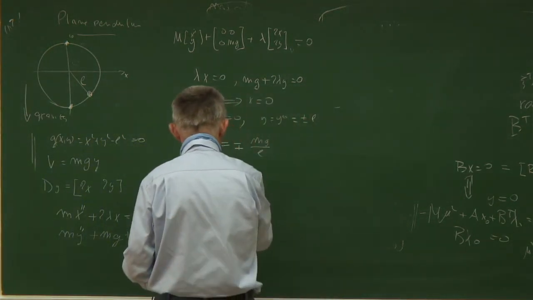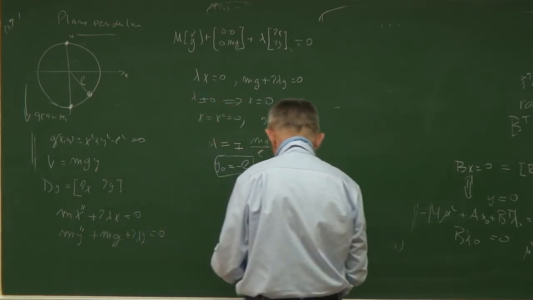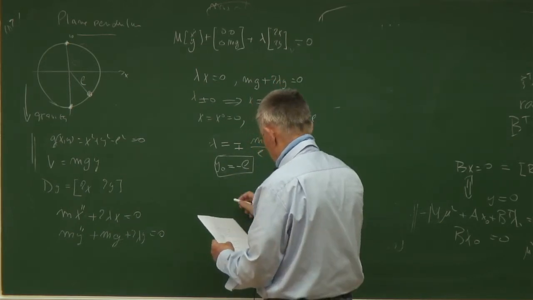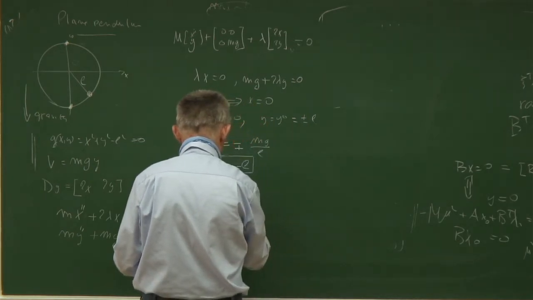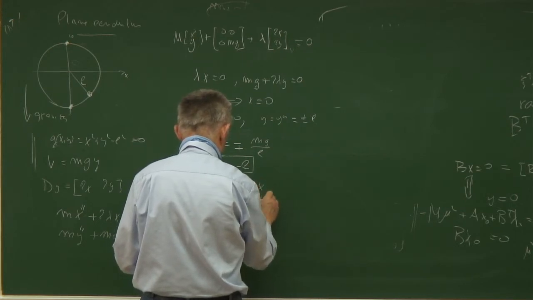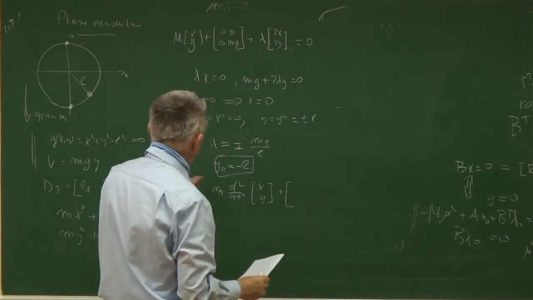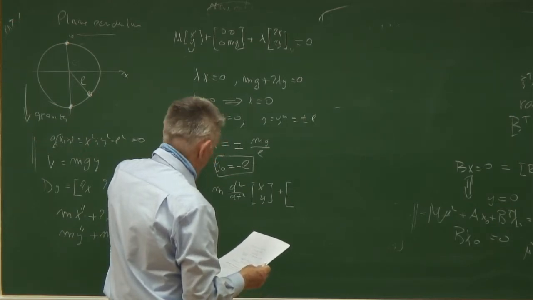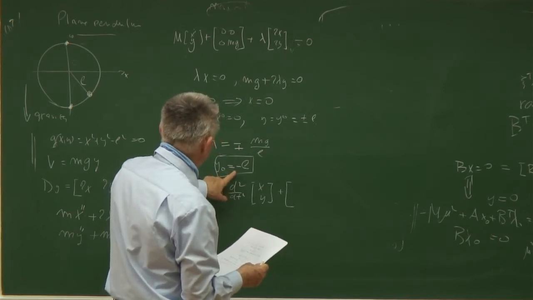First, take y0 is equal to minus L. So then we have m d over dt square x y plus, so now lambda is now positive.